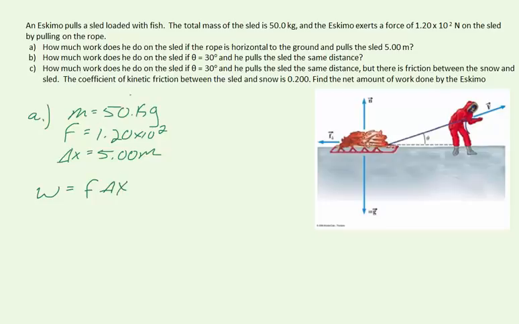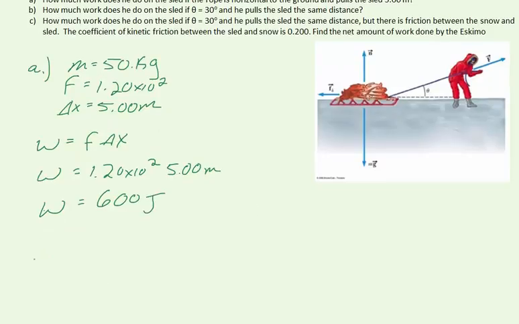And since the rope is horizontal to the ground, there's no angle to worry about. So we're given our force of 1.2 times 10 to the second times our change in displacement of 5 meters. If we multiply this through, we'll see that the work done will be 600 joules.